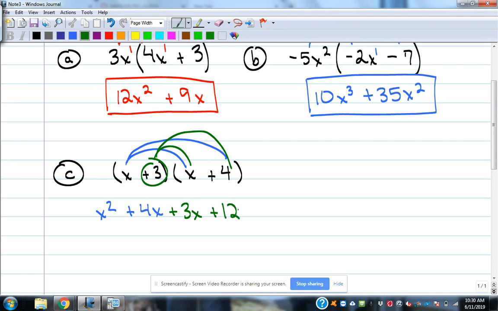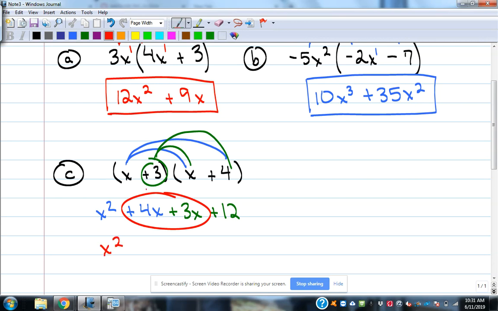Once I've done that distributive property, I'm going to look to simplify. Do I have any like terms in this line right here? Yeah, I've got 4x and 3x. They're both plain x's, so I can put them together.